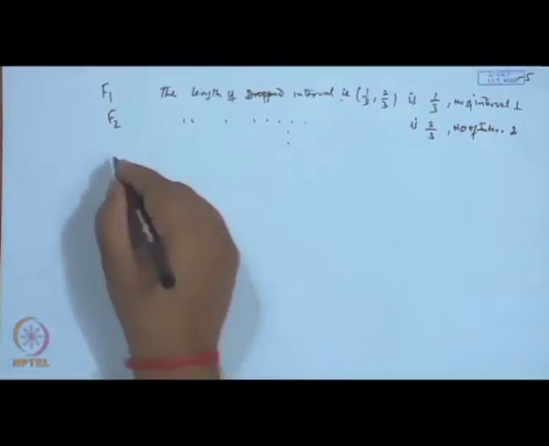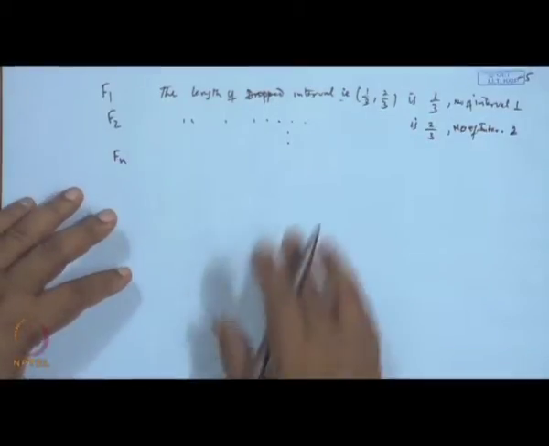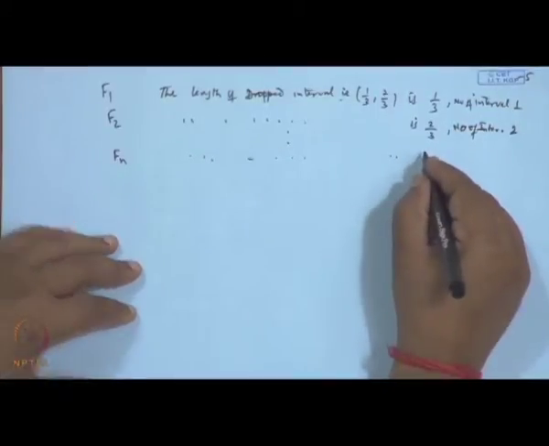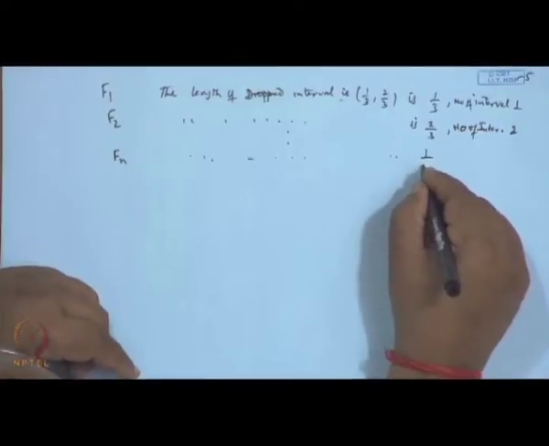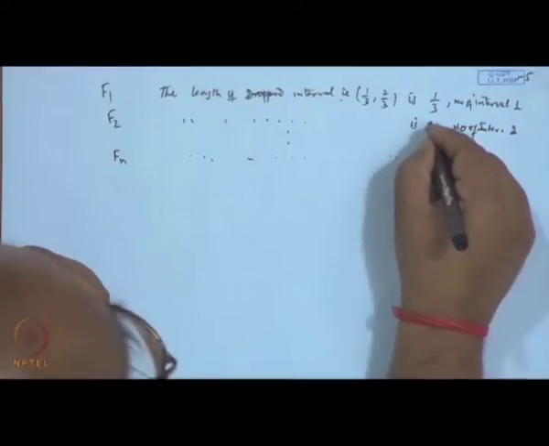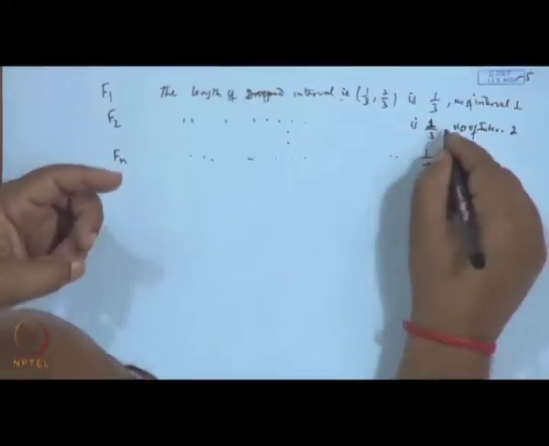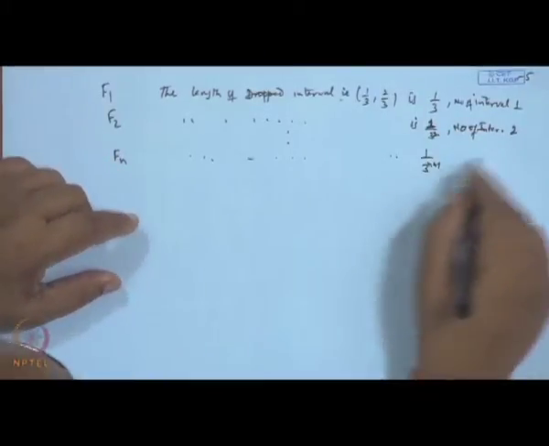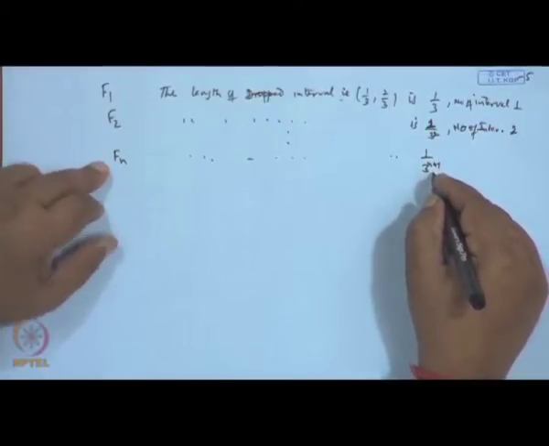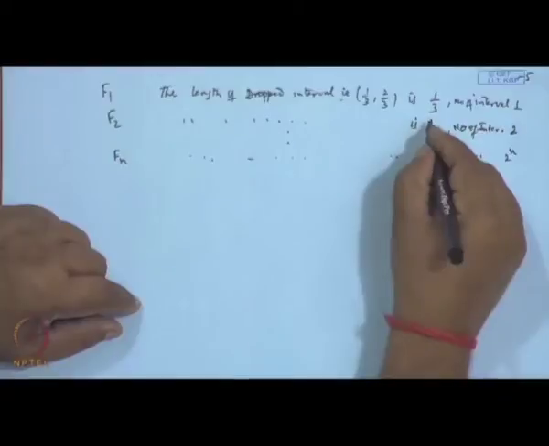Then continue this. So, in case of F_n, the length of the dropped interval will be 1/3 to the power n plus 1, and the number of intervals will be 2 to the power n.